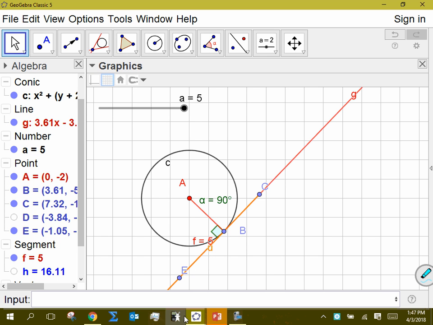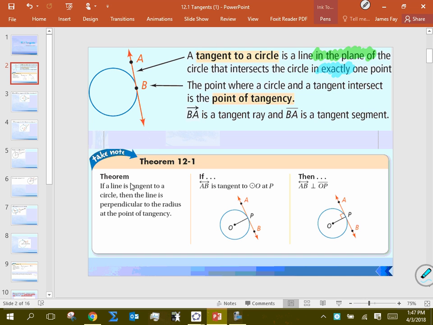And that theorem states, if a line is tangent to a circle, then the line is perpendicular to the radius at the point of tangency. Meaning you have a right angle at the point of tangency. The point of tangency is that point B that your line intersects your circle. Okay? So you get your tangent line, and the point where they intersect is the point of tangency.